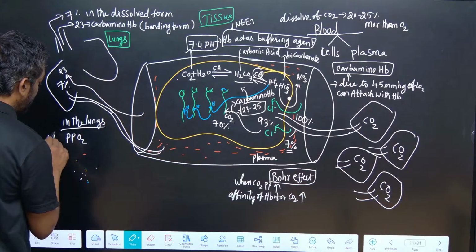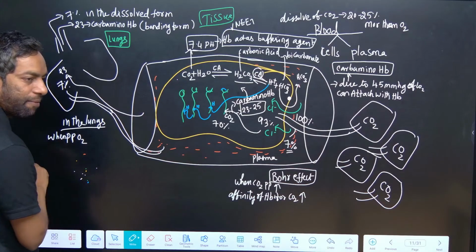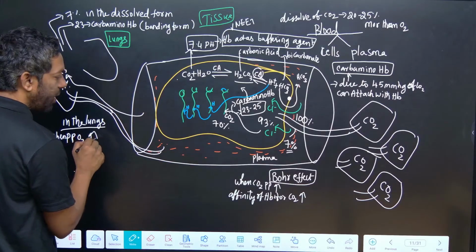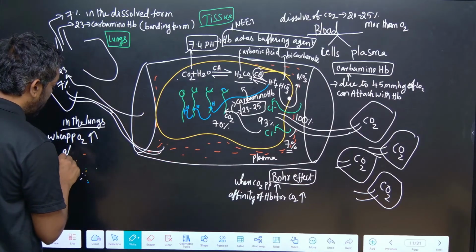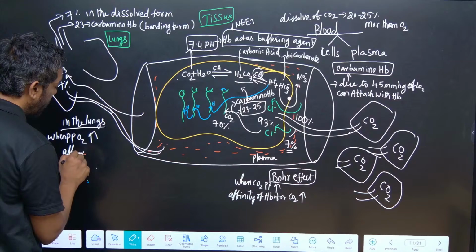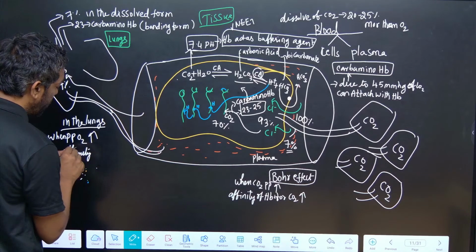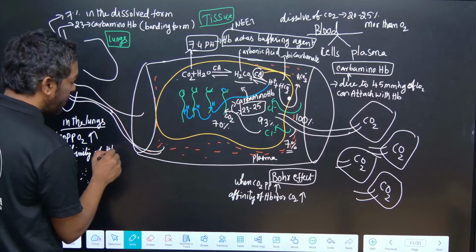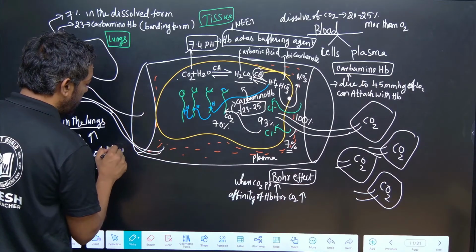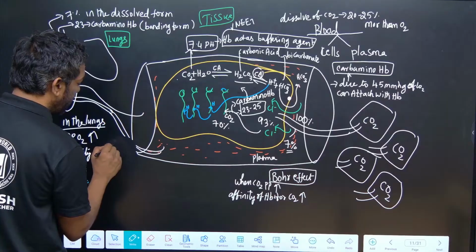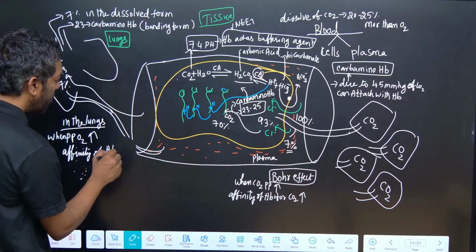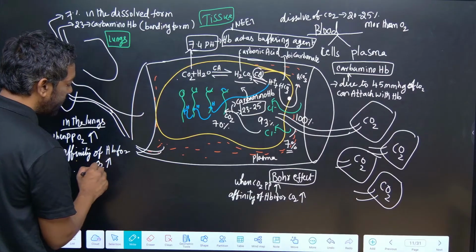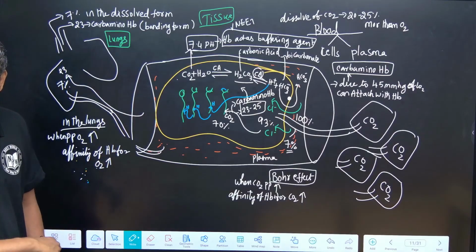When partial pressure of oxygen is high, the affinity of hemoglobin for O2 increases, CO2 decreases.